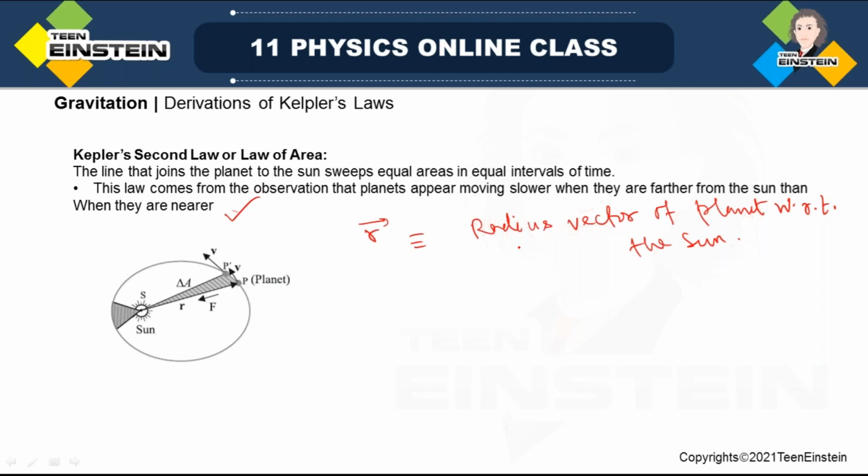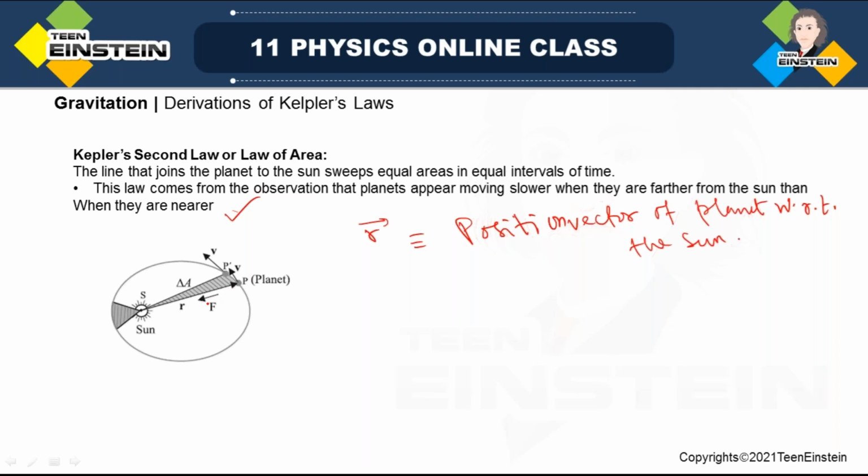Sorry, we should not say radius vector, we should better say position vector. This is the position vector.